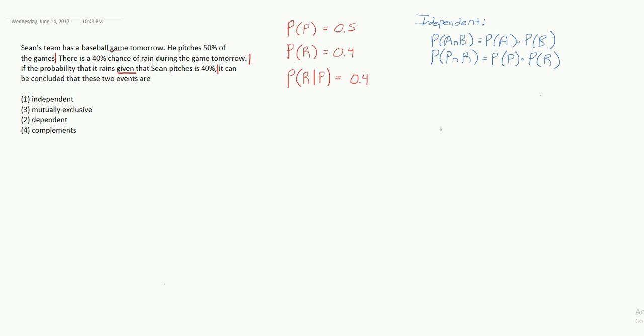If it does, then we have independent events. Now what we have is P of R. We've got that. We have P of P. We've got that. But we do not exactly have the probability of P union R. We have the probability of R given P. Never fear. There's a formula that describes this thing called conditional probability.